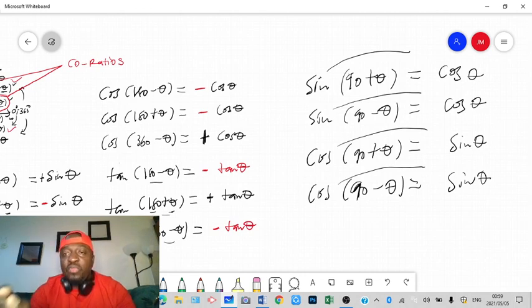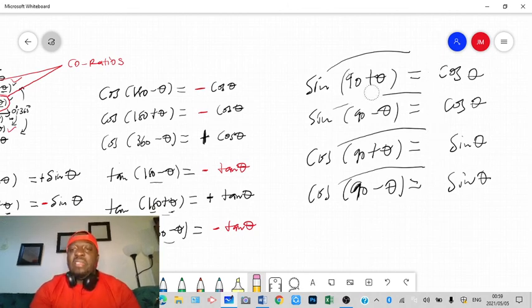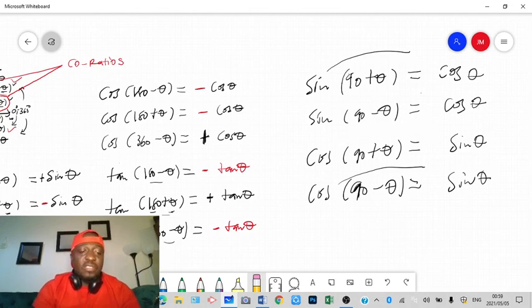But one thing we need to pay attention to is the signs. Is it plus? Is it minus? We need to look at that part: how does this information affect the simplification?